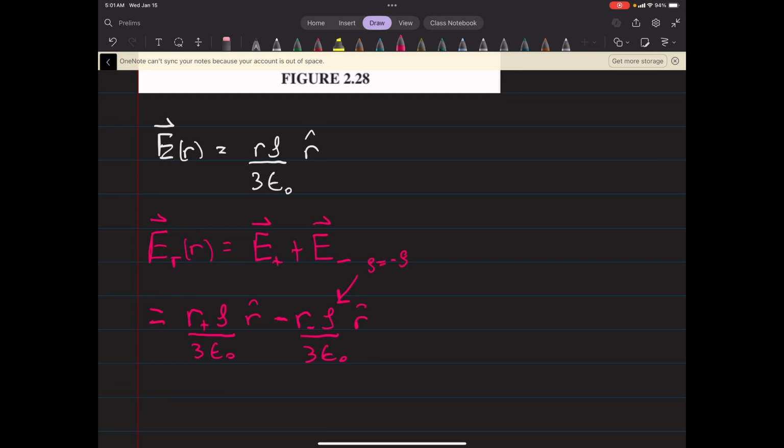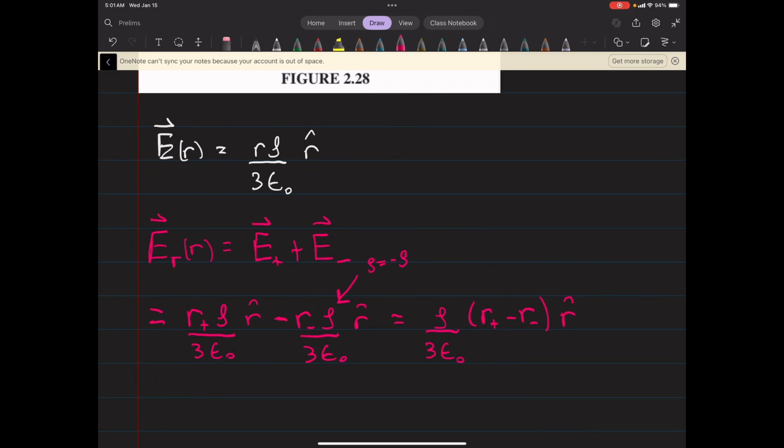So this simplifies pretty nicely. We can factor out a rho. We can factor out a 3 epsilon naught. And we're left with the difference of these two vectors.